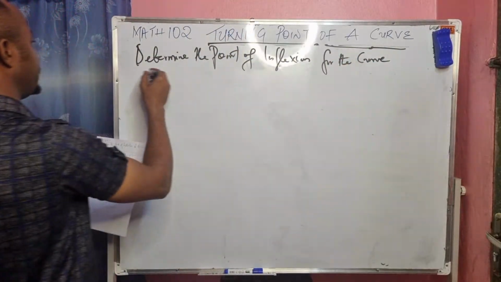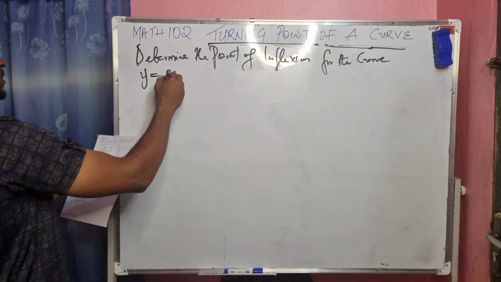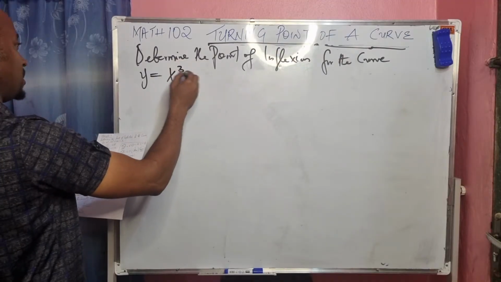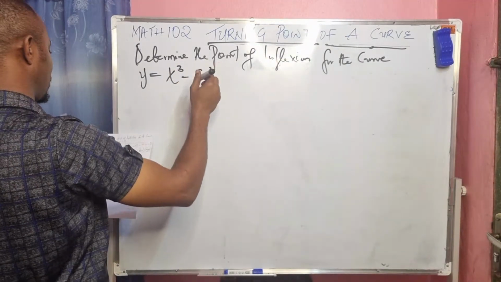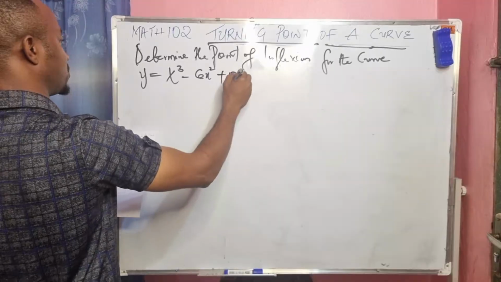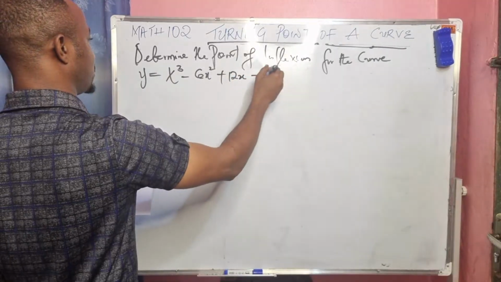The curve is given as y equals x cubed minus 6x squared plus 12x minus 5.